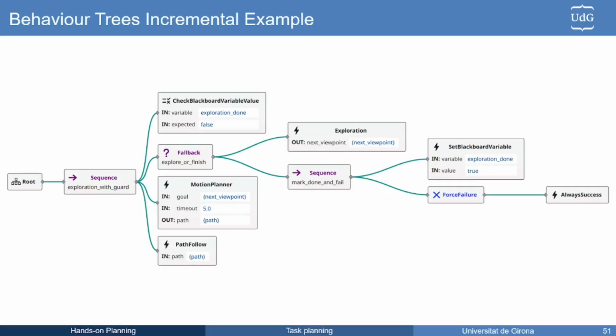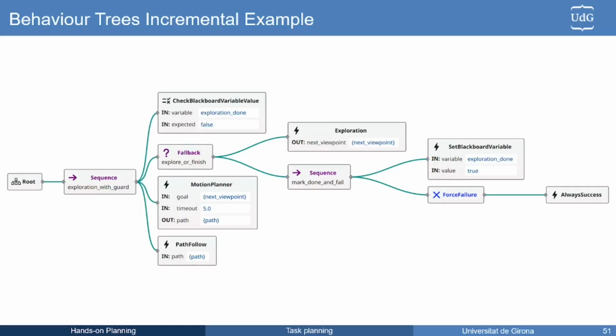We don't want that. Then we need to force the sequence to fail. There are plenty of ways. Maybe you can just put here a decorator that says always fails, and then you set this in the Blackboard. This always returns success, but because you have this decorator, this fails, and it will work also. Okay, and then you can forget about the sequence. I think in the slide I have something like that.